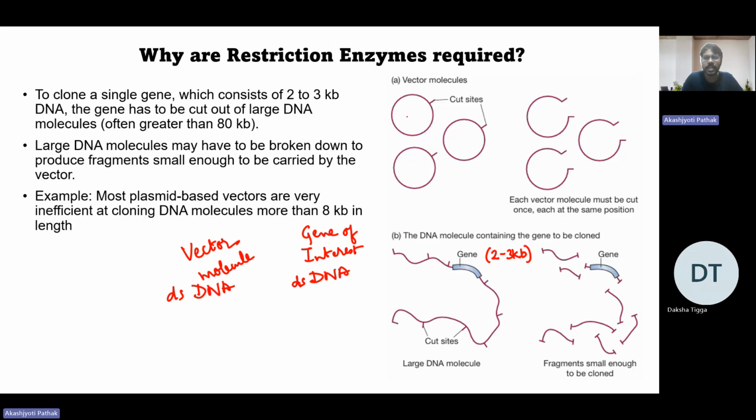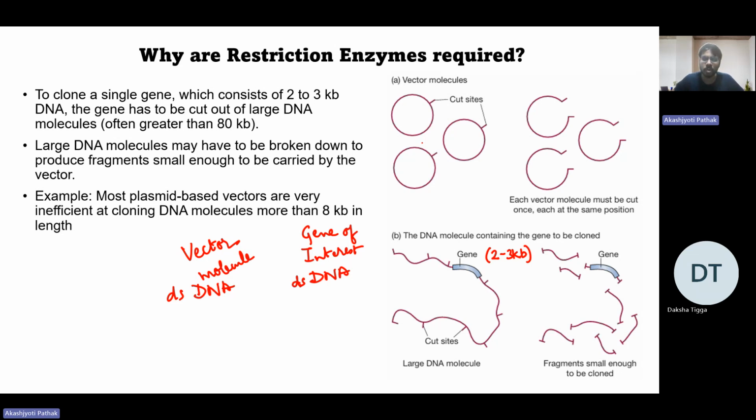Now, there are different types of vector. We will learn what the different types of vector are. Now, each vector is capable of carrying only a particular size of the gene of interest. Okay, so if you're using a plasmid vector, then it can only carry your gene of interest which is less than 10 kb. It cannot carry molecules which are greater than 10 kb.